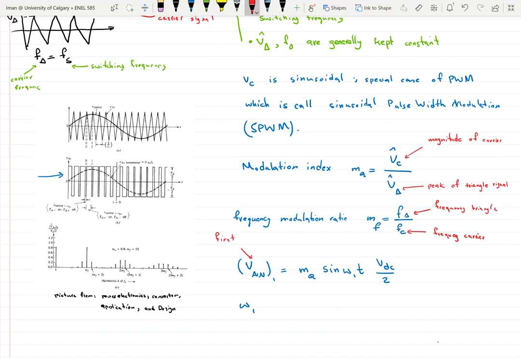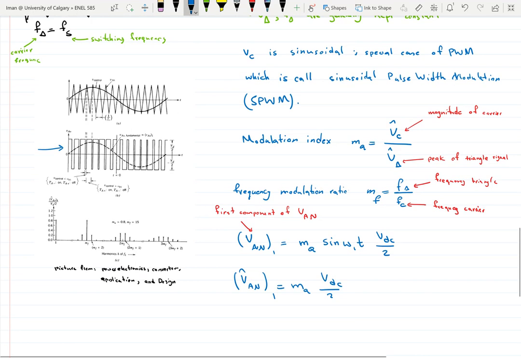So the first component of VAN is a sinusoidal voltage, and its amplitude is MA times VDC over 2, and its frequency is the same as our carrier signal, 2 pi FC.